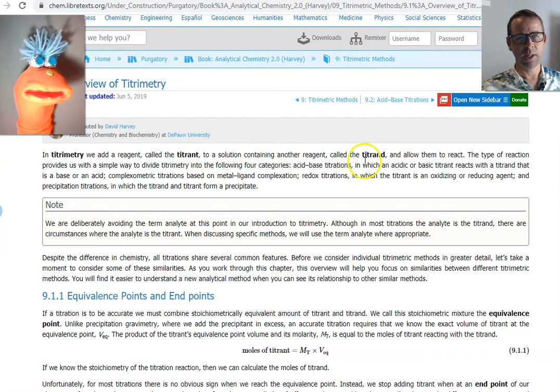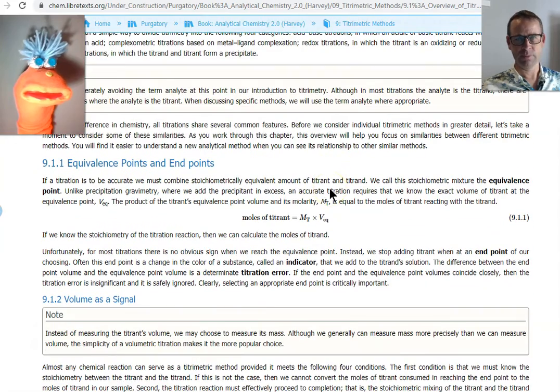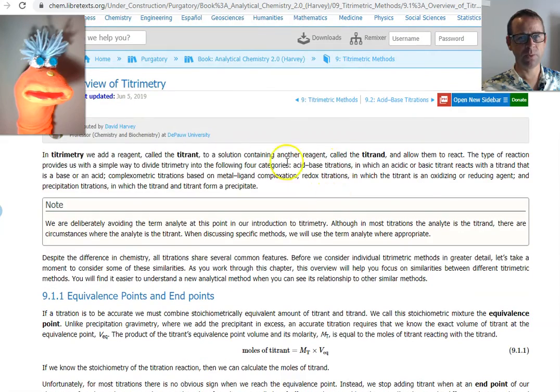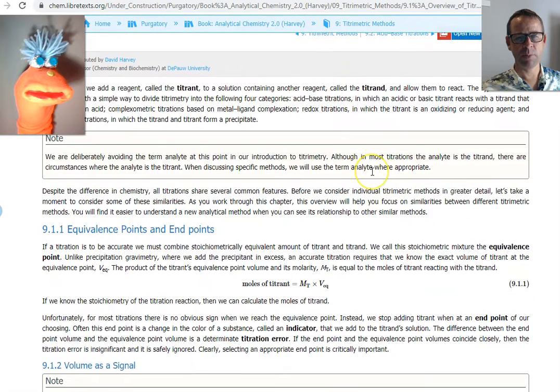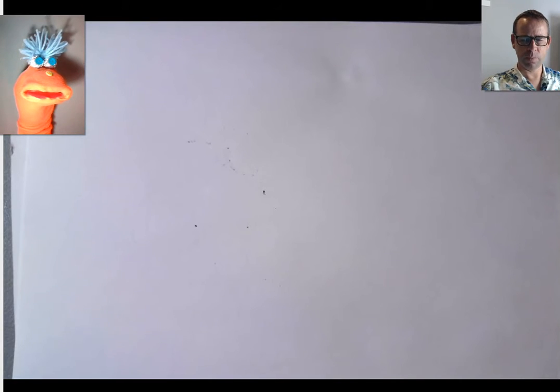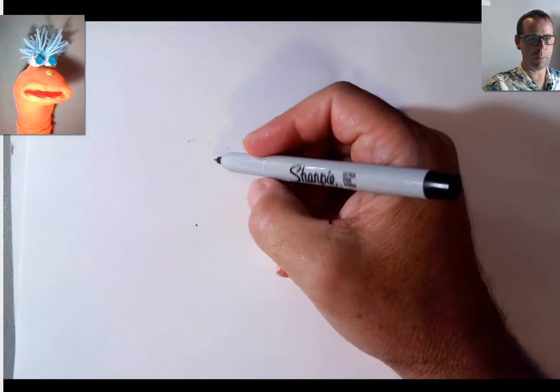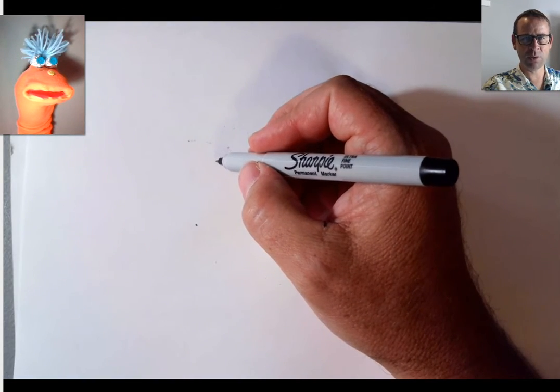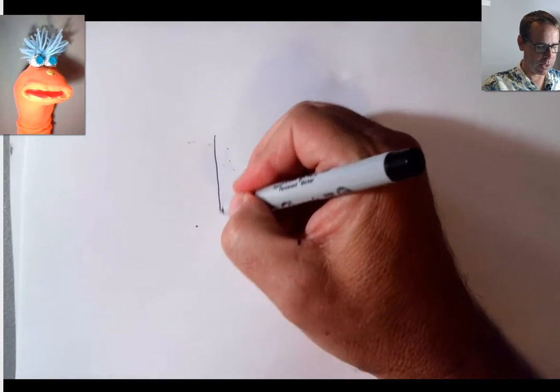So the titrand and the analyte is also a fine set of vocabulary to be familiar with. The equivalence point is the official point at which your amount of titrant and titrand or analyte is equal.